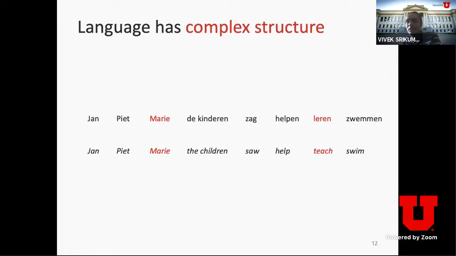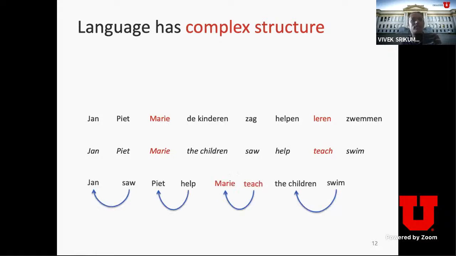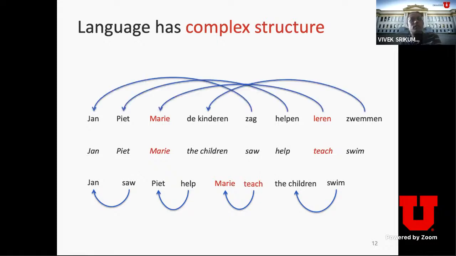Jan, Marie, the children saw, help teach swim. At this point, most of us, even Dutch speakers, might get a little annoyed, because in English it is Marie who is teaching. The sentence is Jan saw Pete help Marie teach the children swim. In Dutch, it's Jan, Pete, Marie, the children saw, help teach swim.